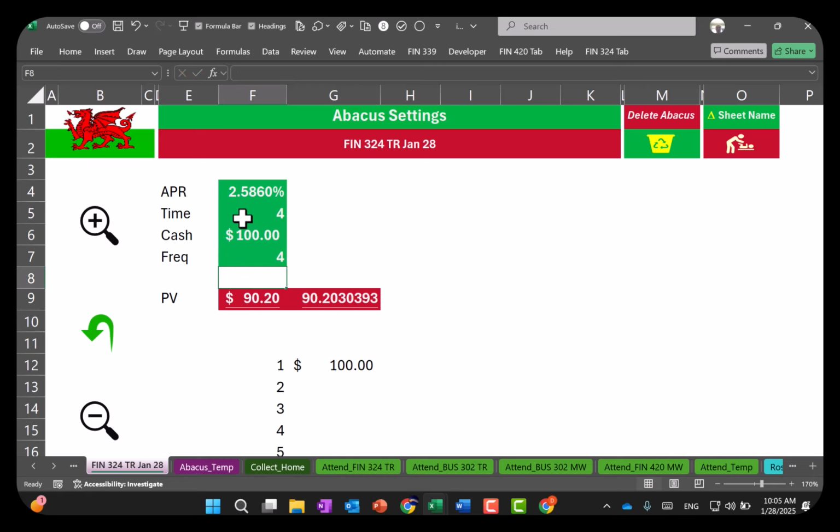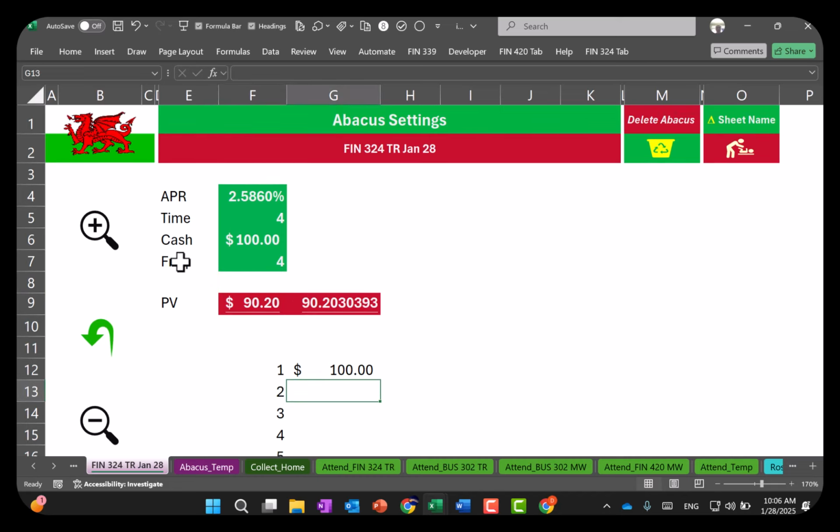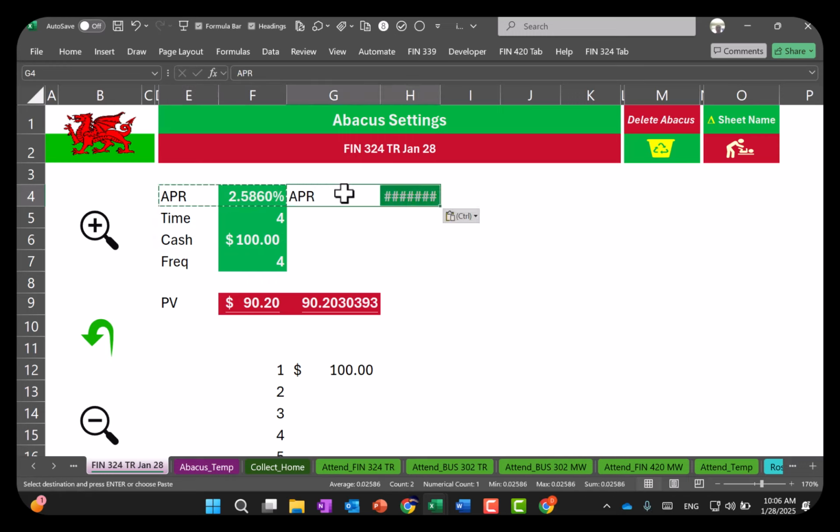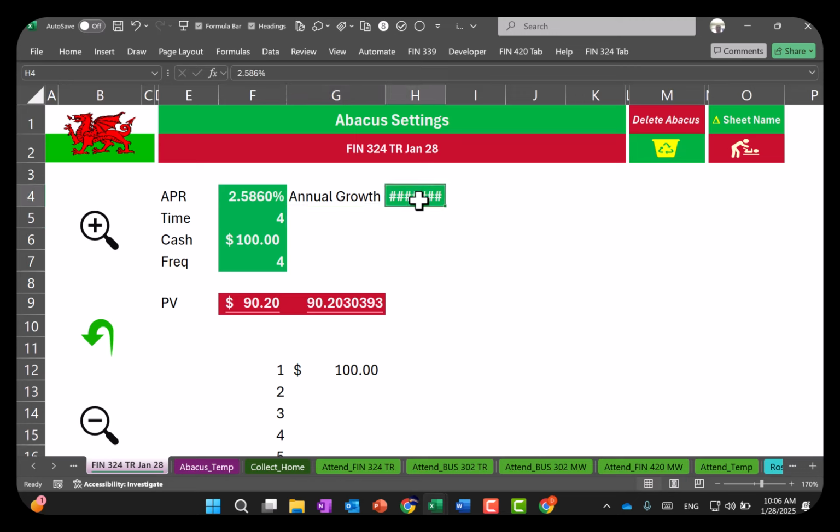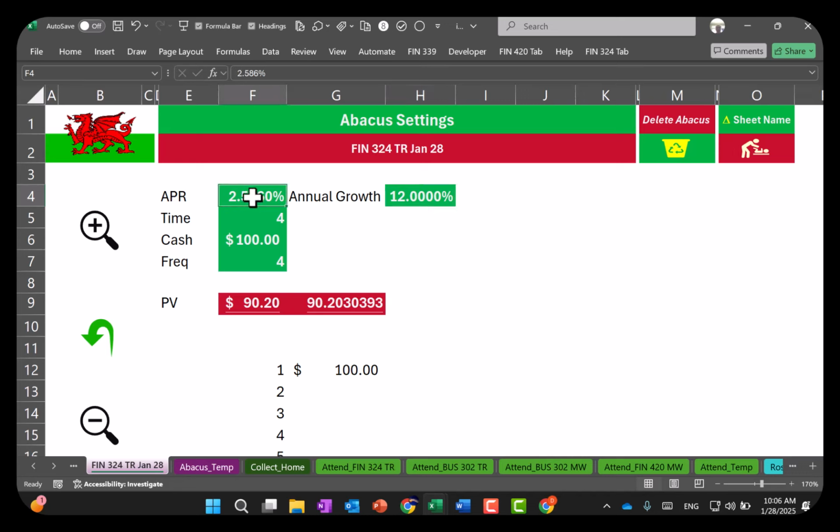Let's make this 4 as well. Oh, let's put in a growth rate here. Annual growth. And let's call that 12%. Something like that. All right.